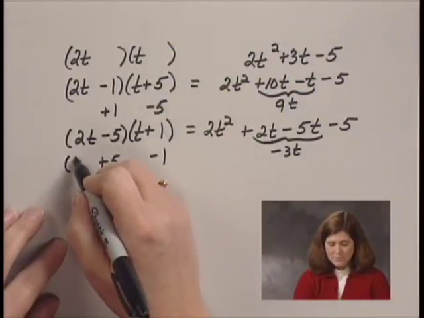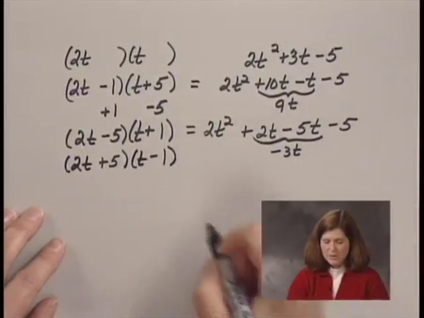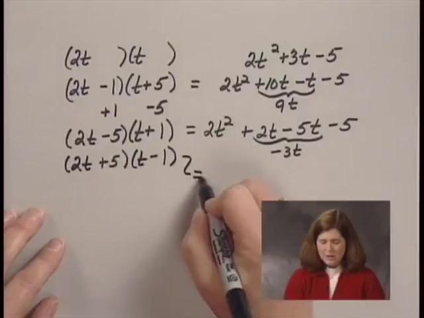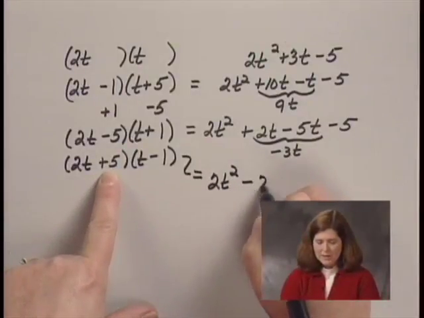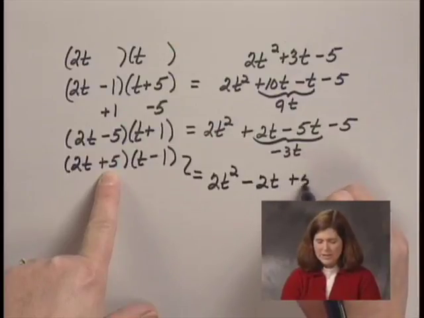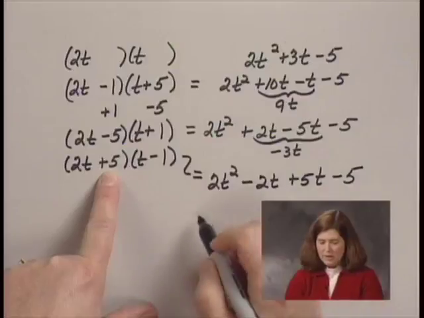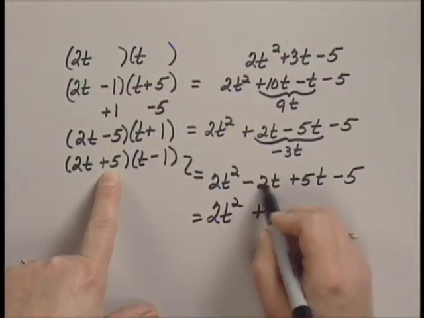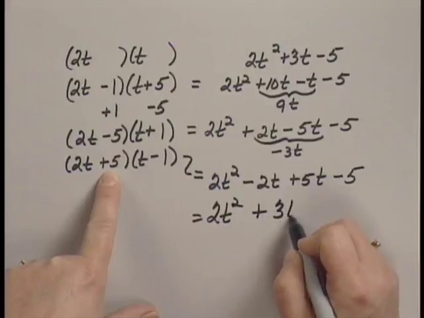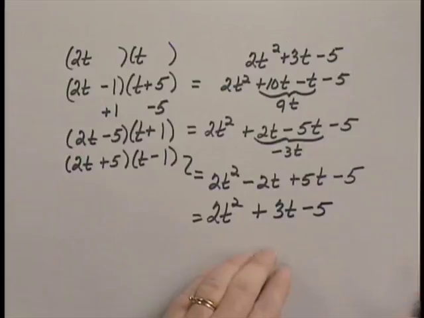Let's check. 2t plus 5 times t minus 1 equals 2t squared minus 2t plus 5t minus 5, which is 2t squared plus, combining these middle terms, 3t minus 5, which is what I'm trying to get.